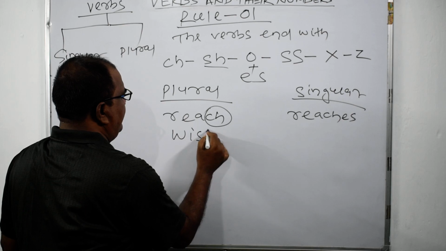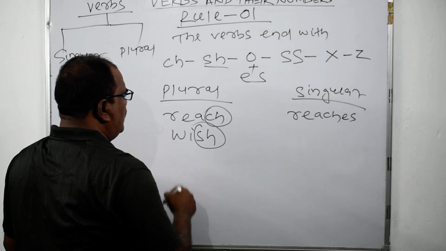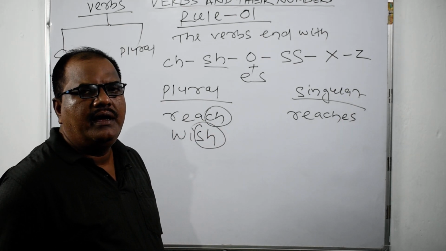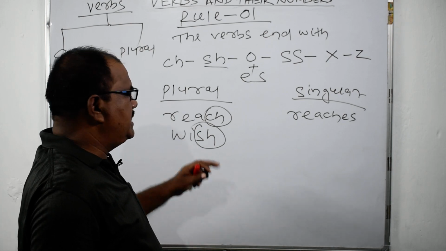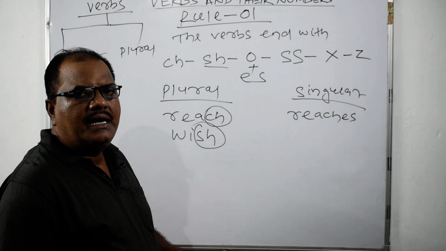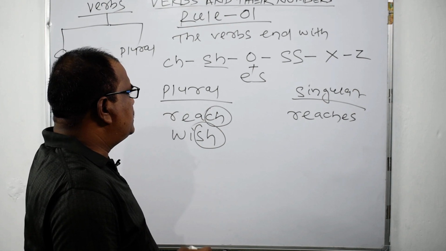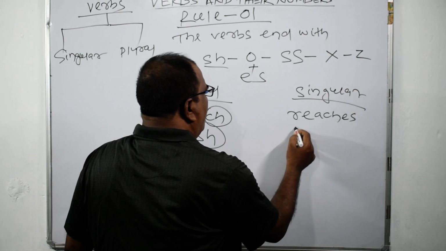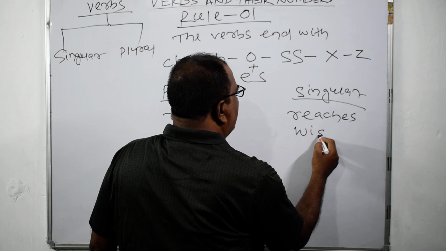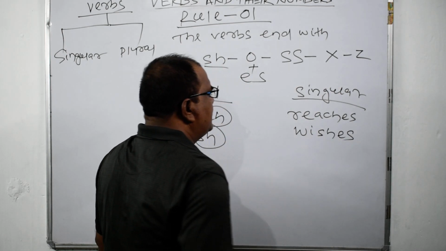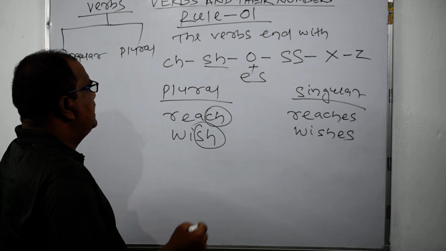Wish. Now the basic form of the verb ends with sh. When it is changed to singular, only es is added to it.